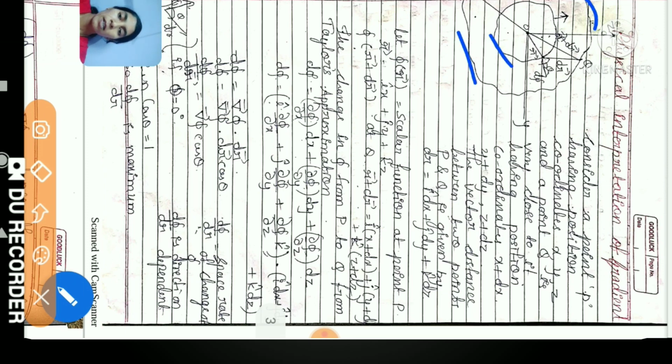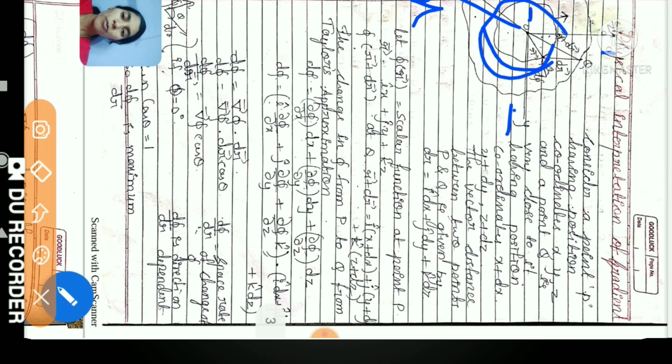In space there is a 3-dimensional system, with an x-axis, a y-axis and a z-axis. Here there is the x-axis, this is y and this is z. This is the origin. So this is the level surface.